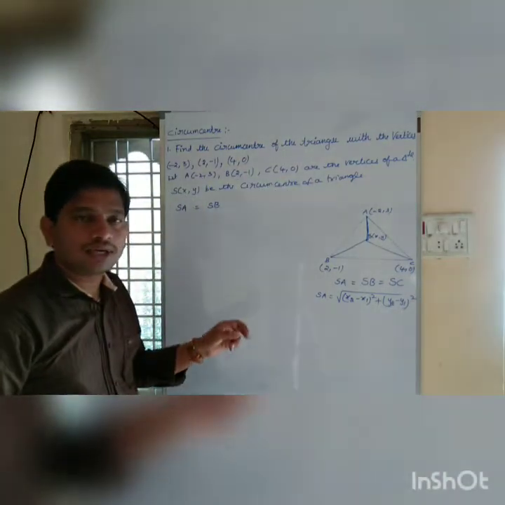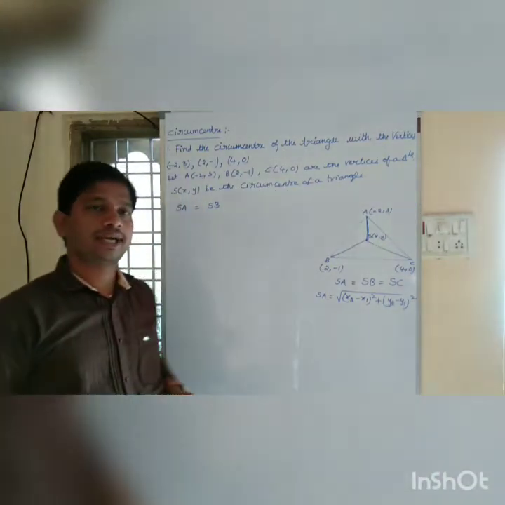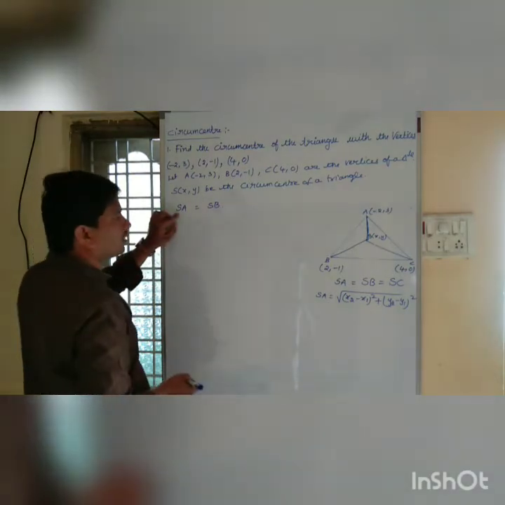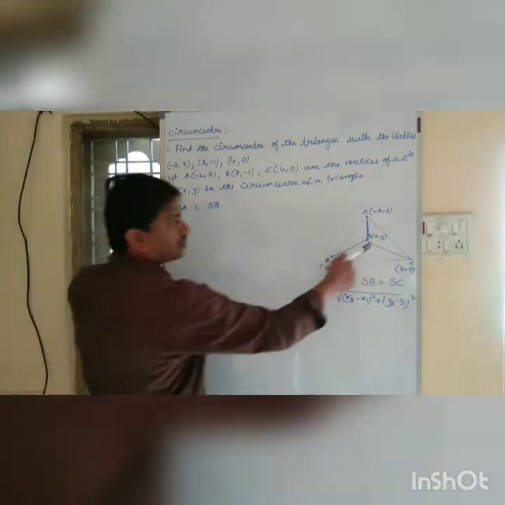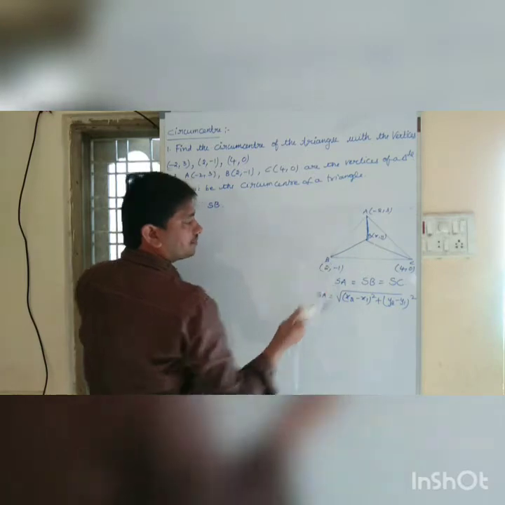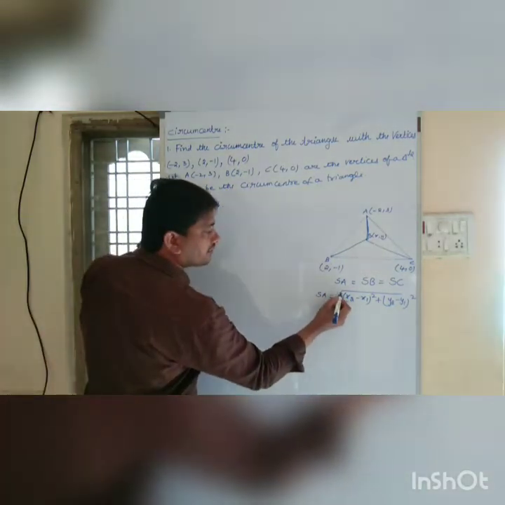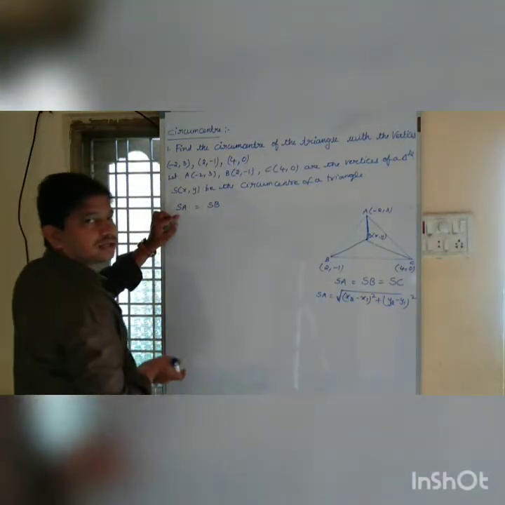This is the formula for the distance between two points, right? So here we have S and A as well as S and B. Actually, here we have square root, so let us cancel that.